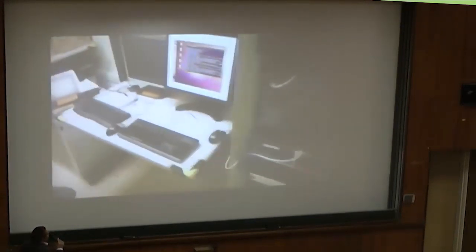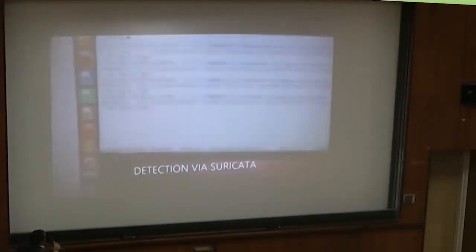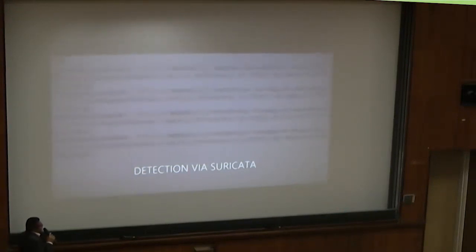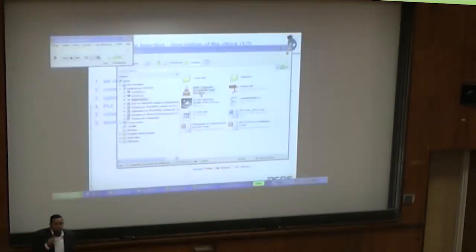The last attack consists of making a random movement of the gun. And here we have the log file of Suricata, which detects the dynamic injection of the block throughout the PLC.